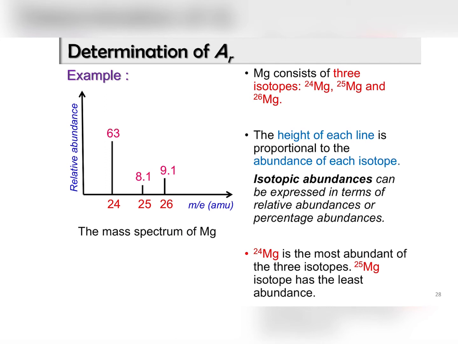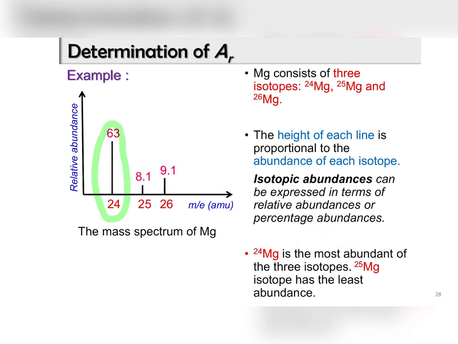From this mass spectrum, you can see which line is the highest: magnesium 24 here. You can see the relative abundance is the highest, which is 63, followed by 9.1, and the least one is 8.1.